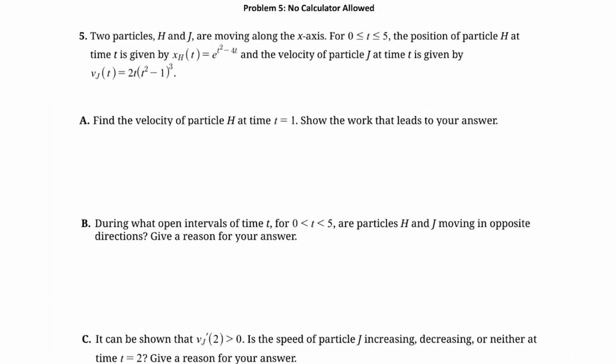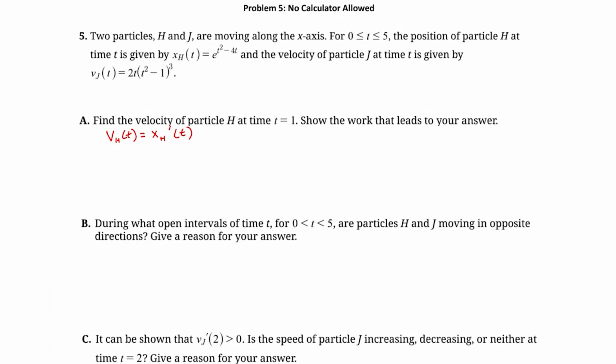So let's first figure out what is vh of t. It says find the velocity of particle h. Now, the velocity of particle h is the derivative of the position. So I know in years past, you have to make that connection to get all the credit.